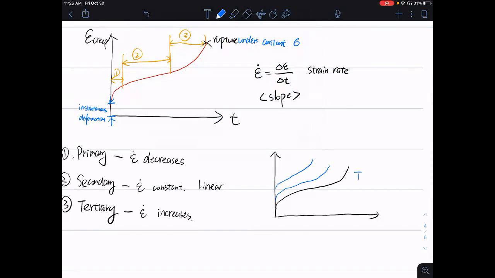Let's call this T1, T2, T3. Here, T2 is a higher temperature, larger than T1. T3 is larger than T2. So the higher temperature you have, this curve is going to get shorter and shorter. That means it's going to fracture in less time. Right? It's going to break in less time.